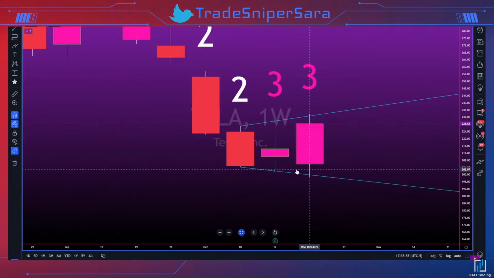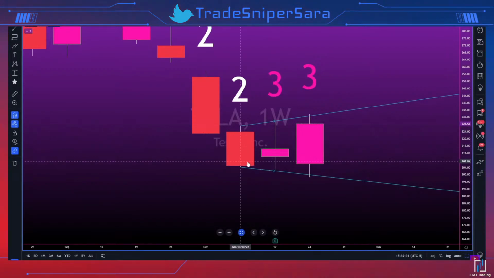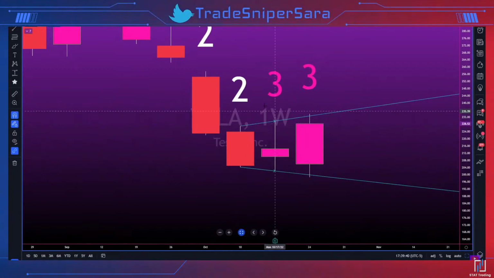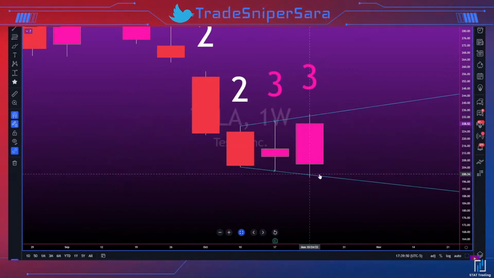And the reason why is because a 3 is a broadening formation on a smaller time frame. So this helps you only on time frames less than where you're drawing from your 3. And you can see that we have higher highs and we have lower lows.